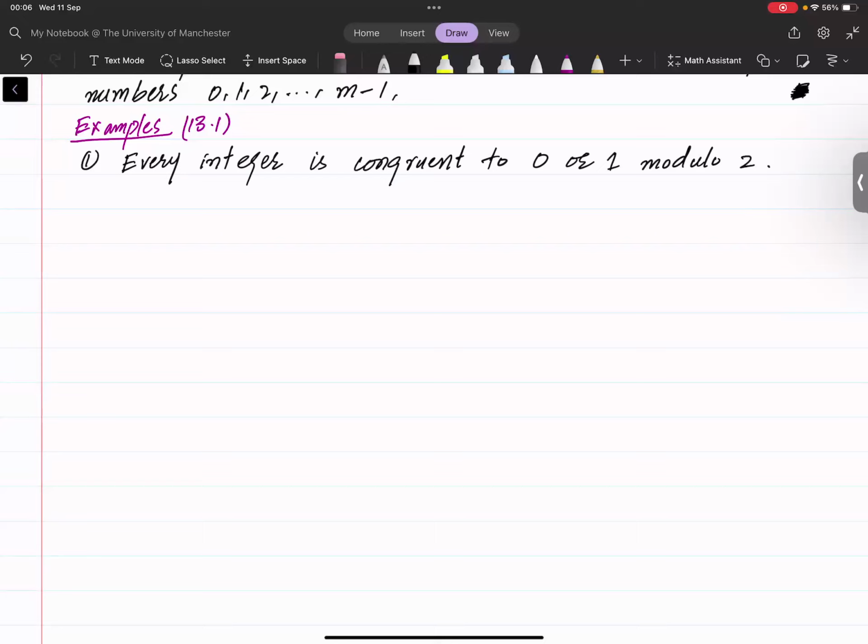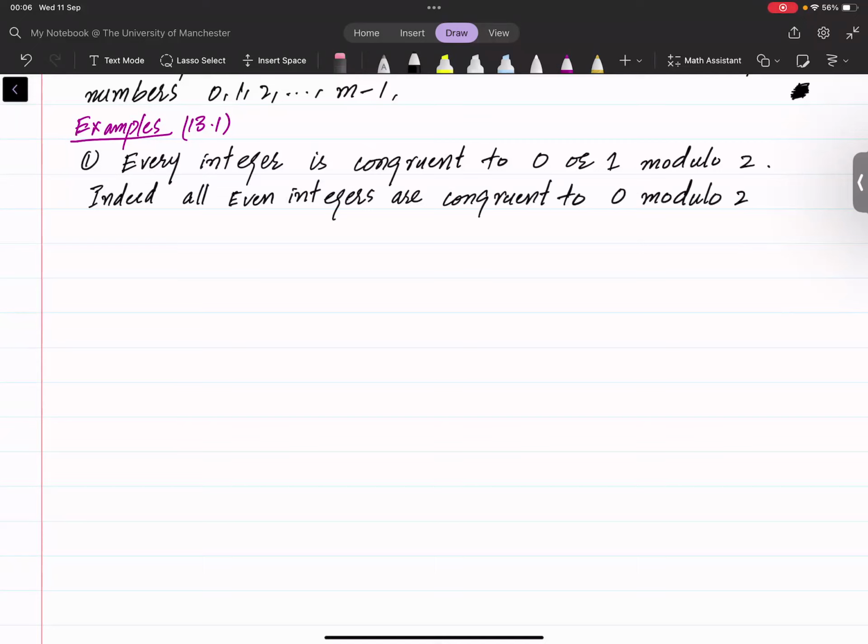Indeed, all even integers are congruent to 0 modulo 2, and all odd integers are congruent to 1 modulo 2.